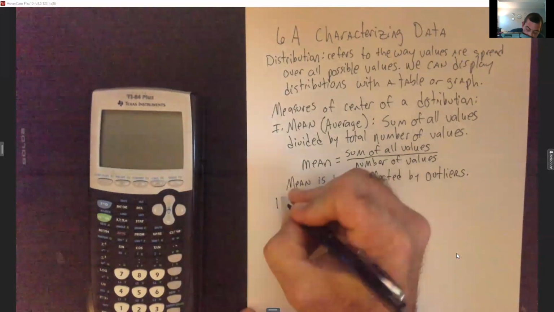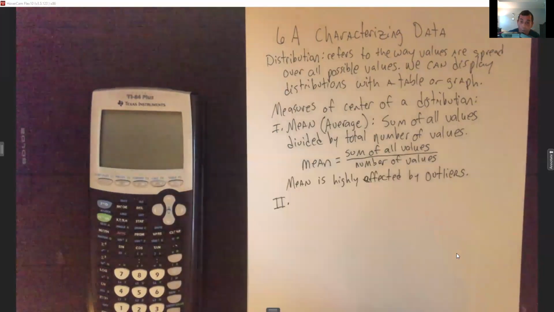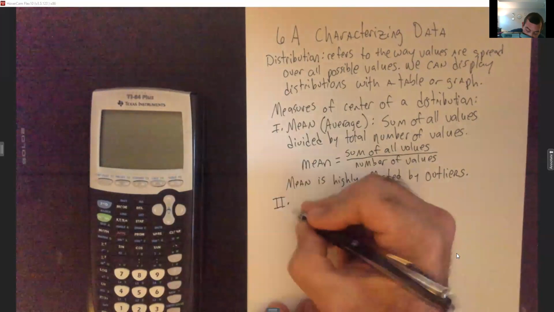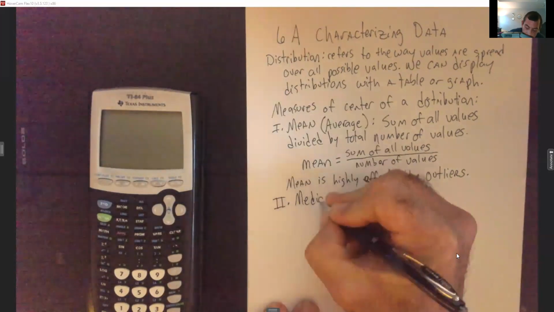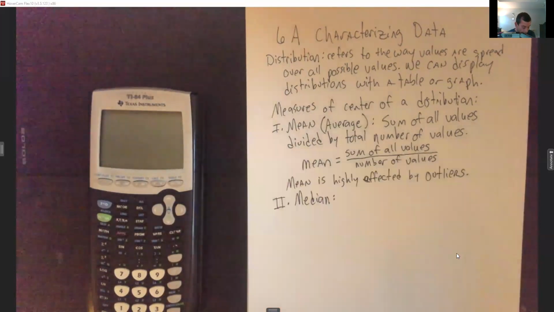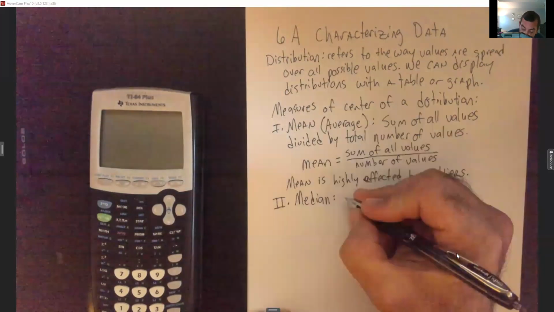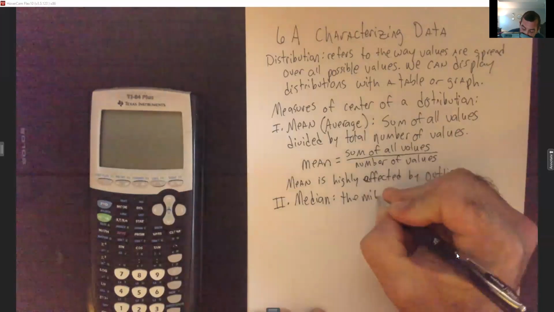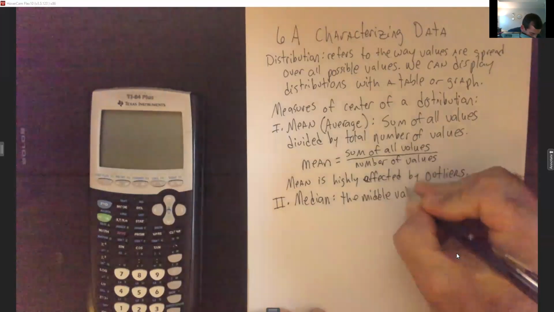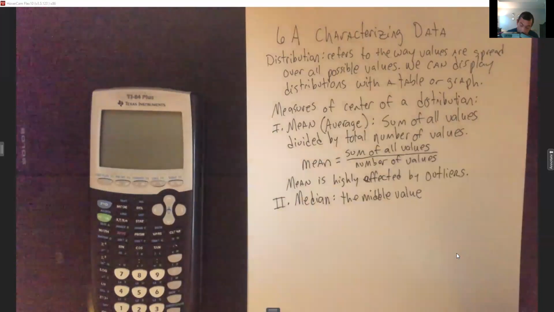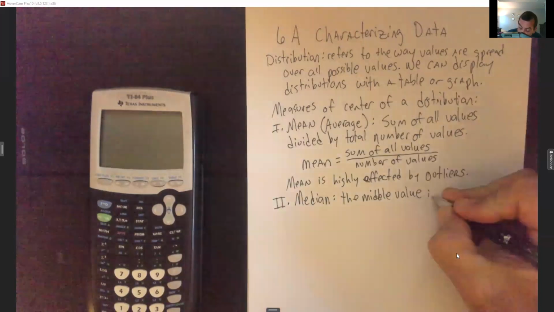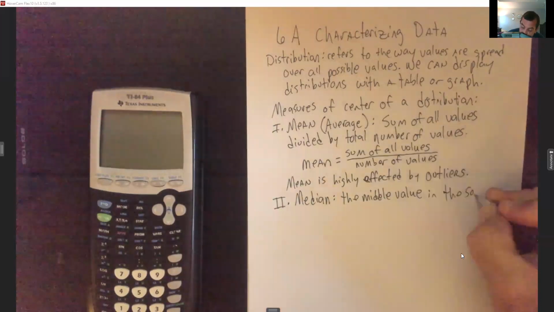The second measure is what we call the median. And your median is the middle value in the sorted data set.